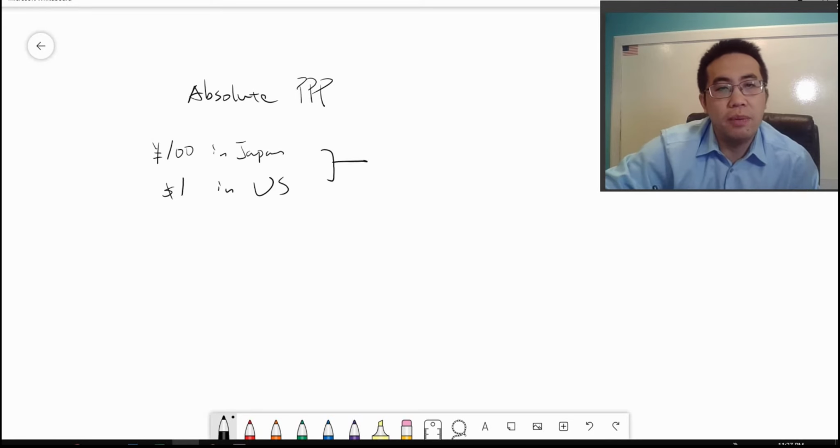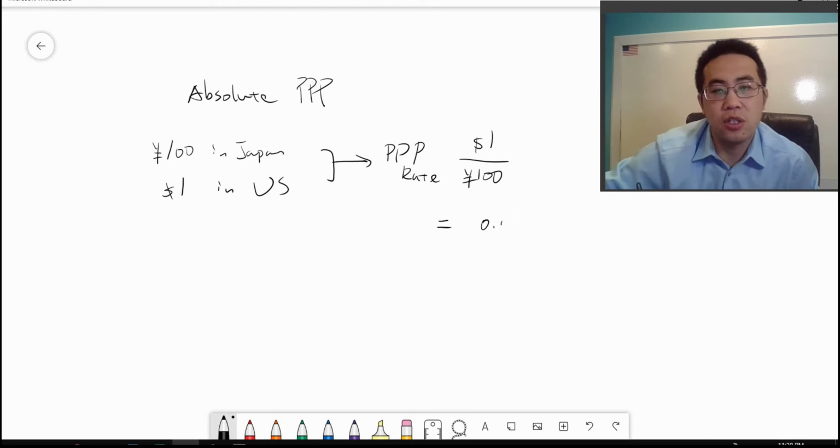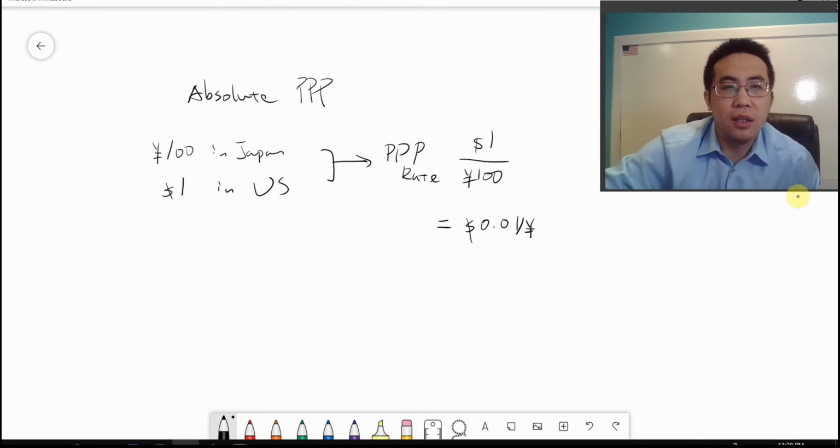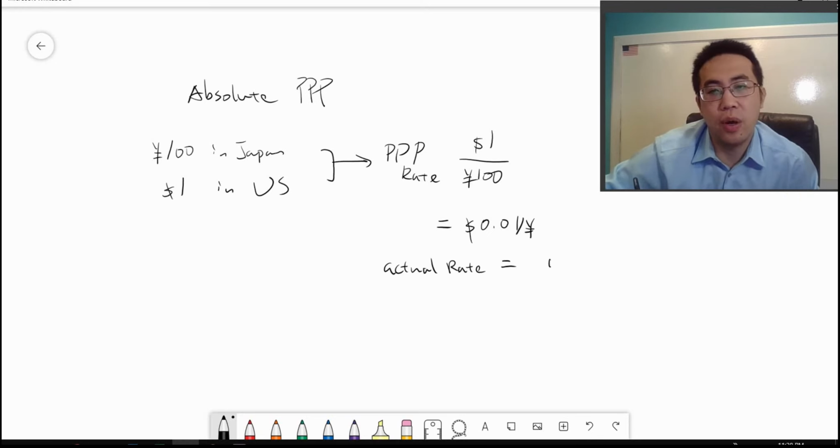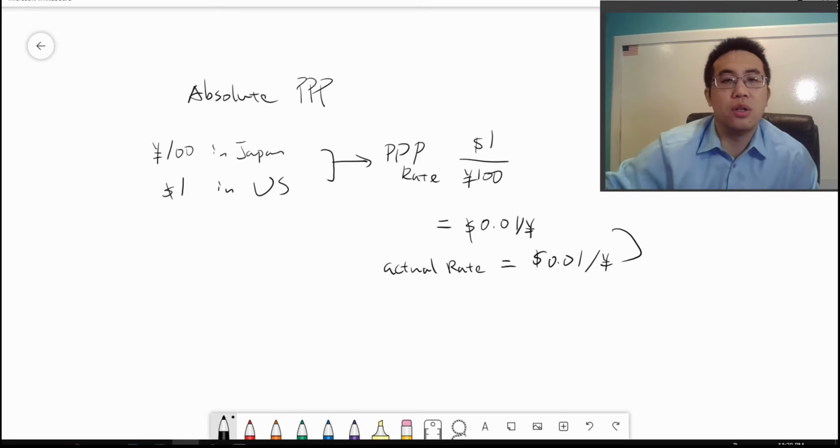And the PPP rate based on these two prices would be $1 over 100 Japanese yen. So that's going to give us $0.01 per yen. And if the absolute PPP holds, then we know that the actual rate is $0.01 per yen as well. So the PPP rate equals the actual rate.